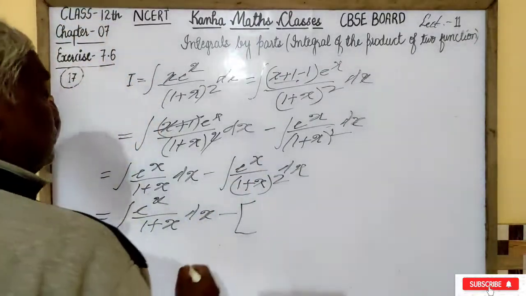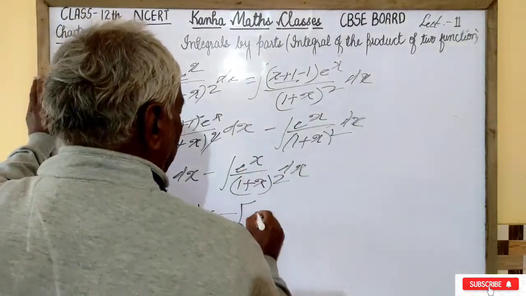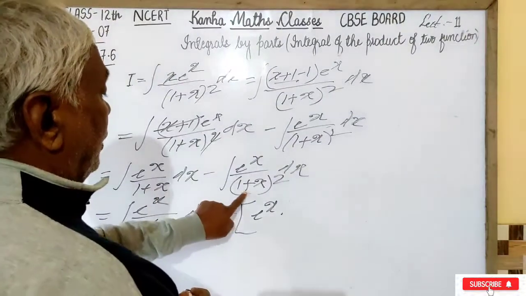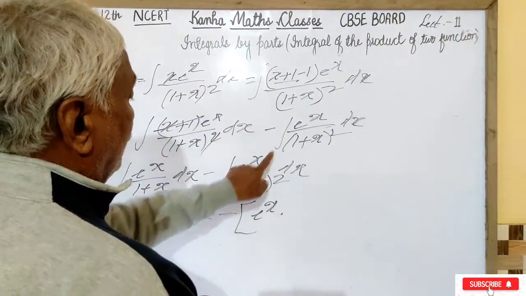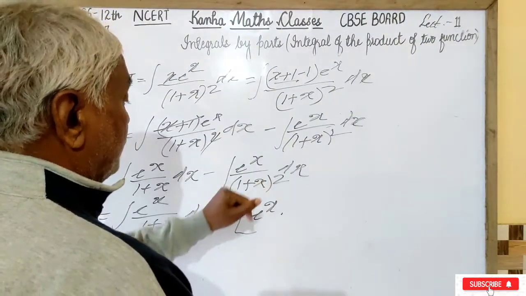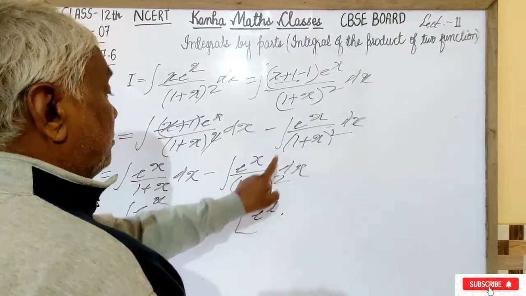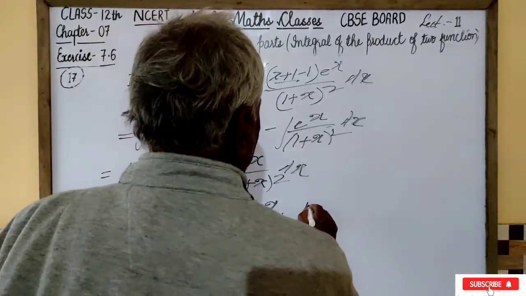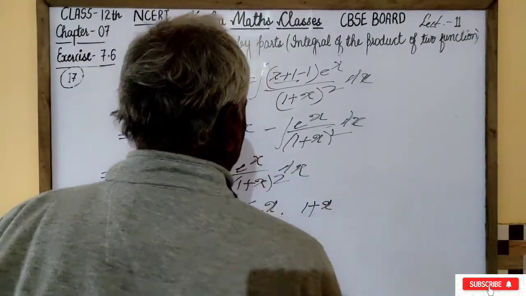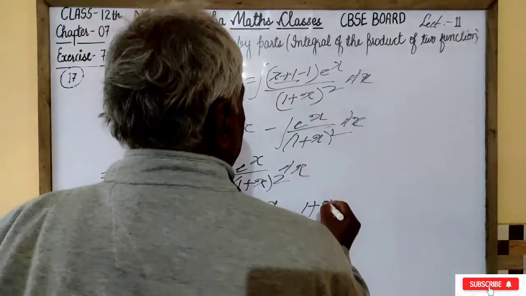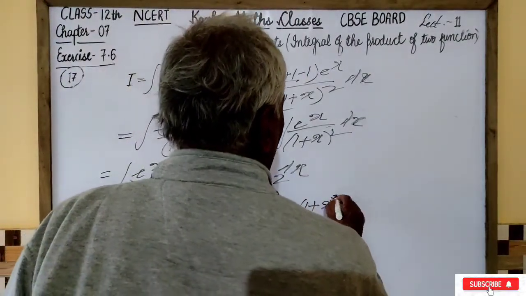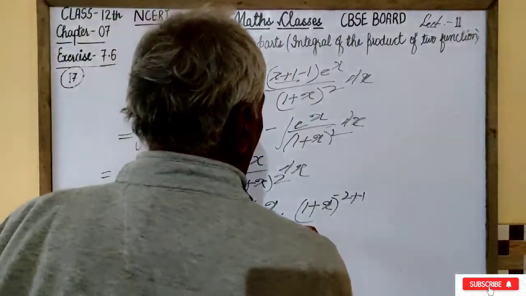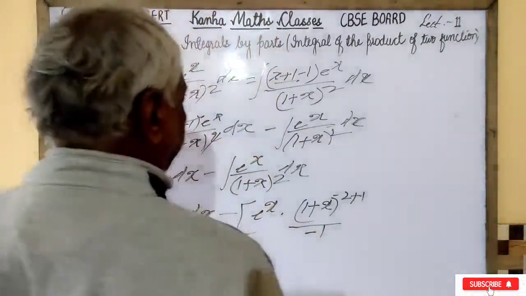using first function as e^x into integral of second function, that is 1 upon (1 plus x) whole square, or (1 plus x) to the power minus 2, then this will be equal to (1 plus x) to the power minus 2 plus 1 upon minus 2 plus 1, that is upon minus 1.